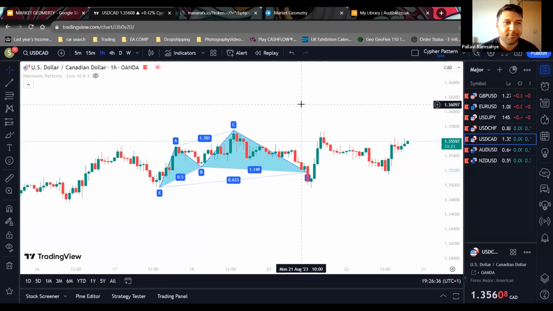Does anybody remember? So we enter at point D. Where do we place our stop loss? Perfect. Enter at point D. And the stop loss? So the stop loss will go below point X. Okay. Below X. Amazing. Below X.